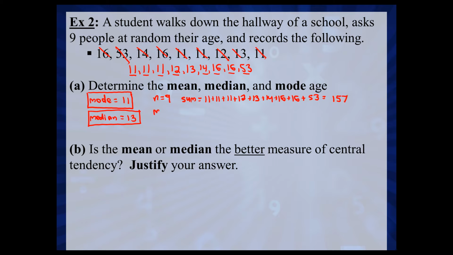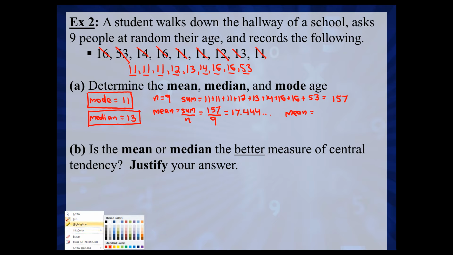The mean, we can calculate using the equation. Mean is equal to the sum of all the values divided by n. The sum is 157. The number of values in the data set is 9. If I calculate this, it gives me a repeating decimal number of 17.444... And as in the case with a decimal number, generally we want to round this, and I'll round it to the nearest tenth.